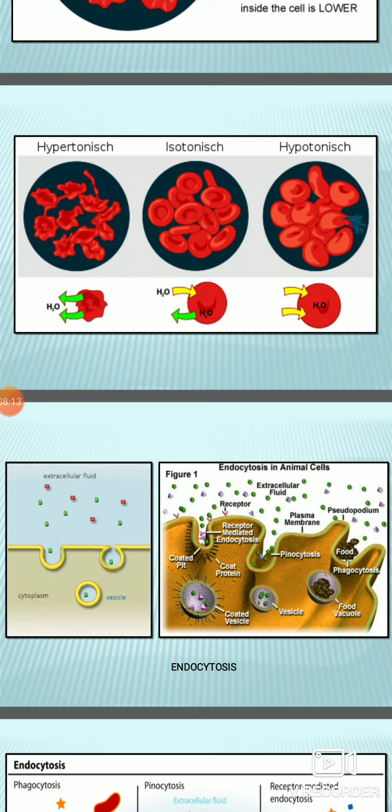Okay, in the second figure you can see that the green covering is the plasma membrane of the cell, and it shows that in animal cells endocytosis also takes place with the help of receptors. There are certain big molecules like proteins. Proteins are so big that they cannot pass the plasma membrane easily. In order to pass through, they need to attach themselves to receptor molecules.